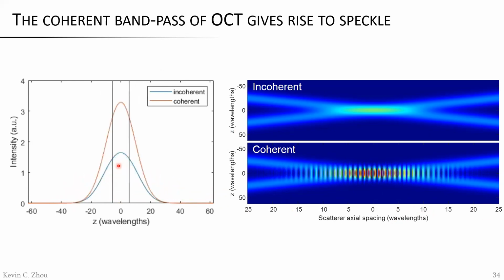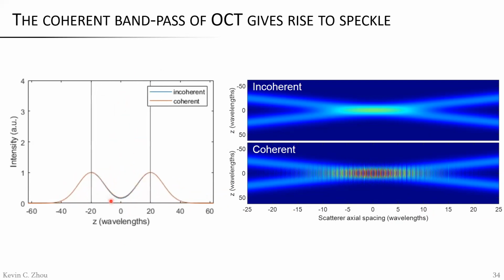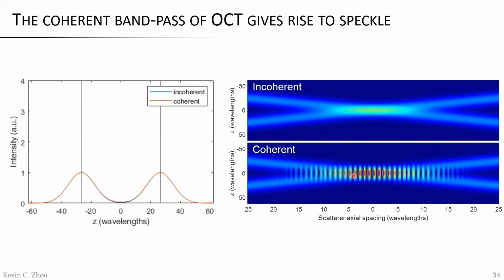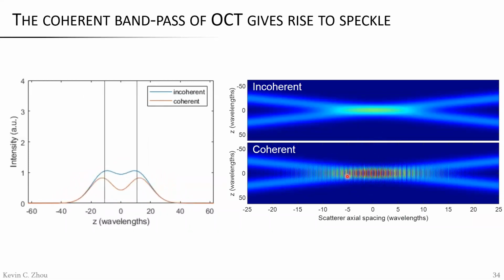So you note that as the reflectors get close together, you get this high frequency modulation for the coherent model, but you don't get that for the incoherent model. And in fact, it's even possible for two reflectors to be invisible under OCT, as indicated by the nulls in this plot.